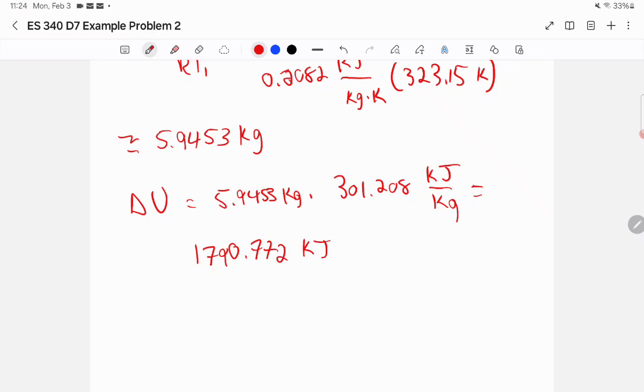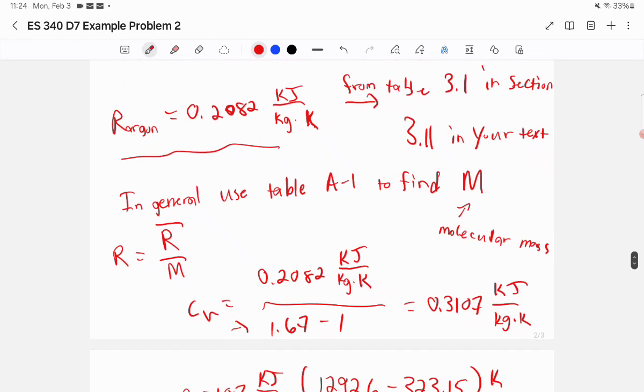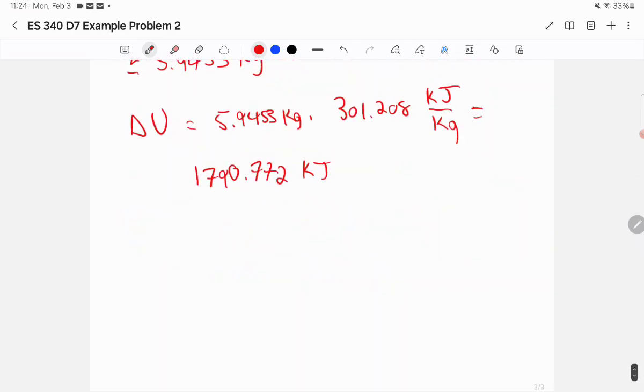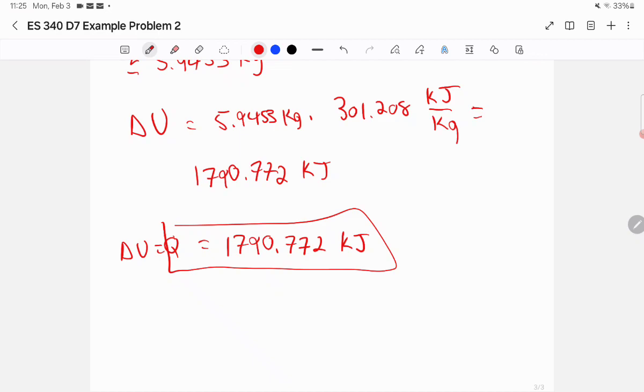That is the value that we have for delta U. But remember, up here, delta U was equal to Q. That's what we found from the energy balance equation. And so delta U equal to Q equal to 1,790.772 kilojoules. So that is the Q that I was looking for, the heat transfer.